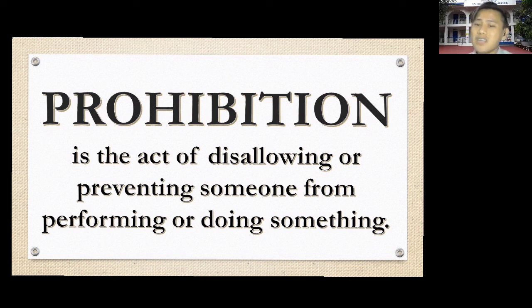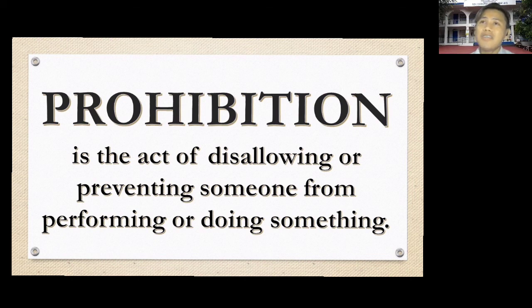It means they're not allowing you, or they are preventing you from getting sick. That's why they're not allowing you to go out. Let us now move on to its definition. Prohibition is the act of disallowing or preventing someone from performing or doing something. That's what prohibition is all about.